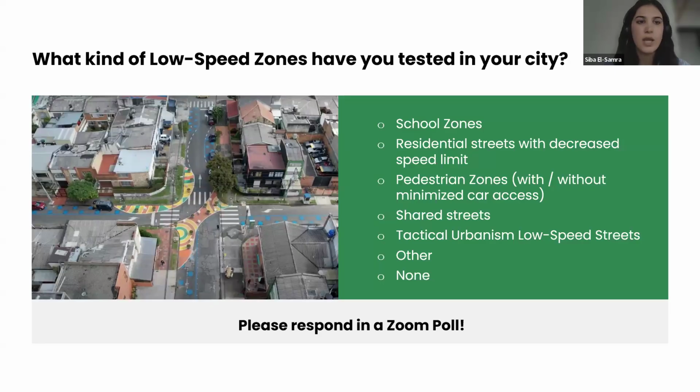So those are streets that you just implemented through tactical urbanism, maybe for a short period of time, or maybe none. Maybe you haven't implemented any low-speed zones so far, or other, if you have other options that you've implemented and we have not included here, you can pick that option and also share with us in the chat. We'll give it just a minute to see the responses.